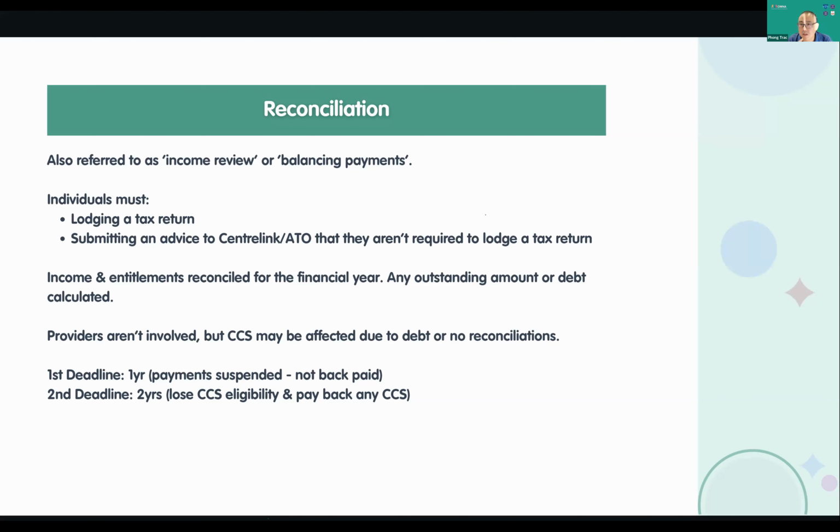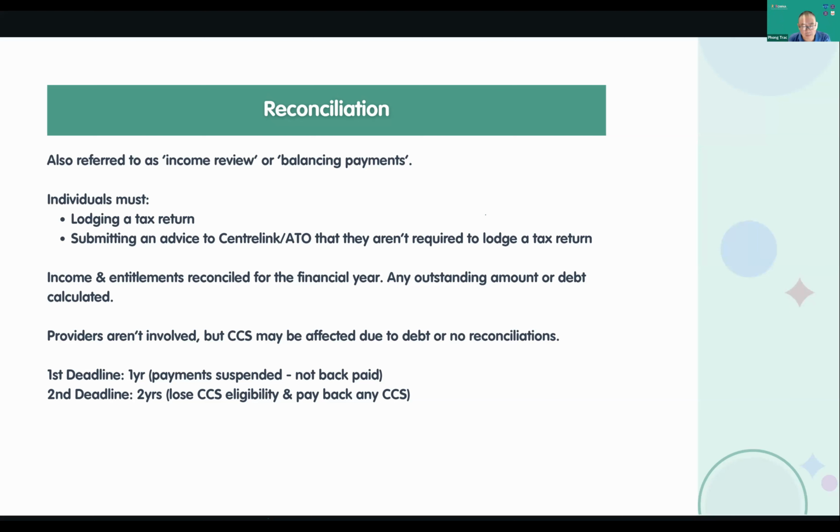Think about it this way. They use last year's income to determine what CCS you get this year. At the end of that year, you submit a new tax return. They then use that new income to predict your entitlements for the next year. So families have 1 year in order to update their income. That's the first deadline.